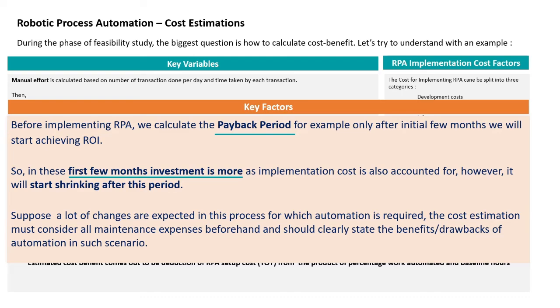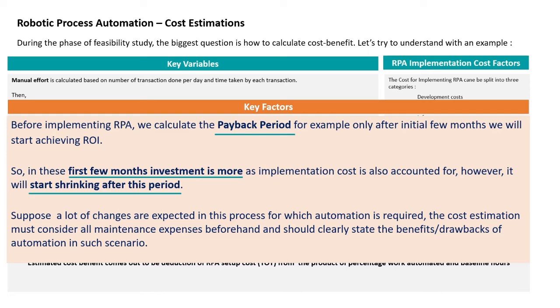So what happens after this period of time? The investment starts to shrink, and we can see the organization start to see the benefits from this project. So the period after which the organization starts to achieve the ROI is known as the payback period.